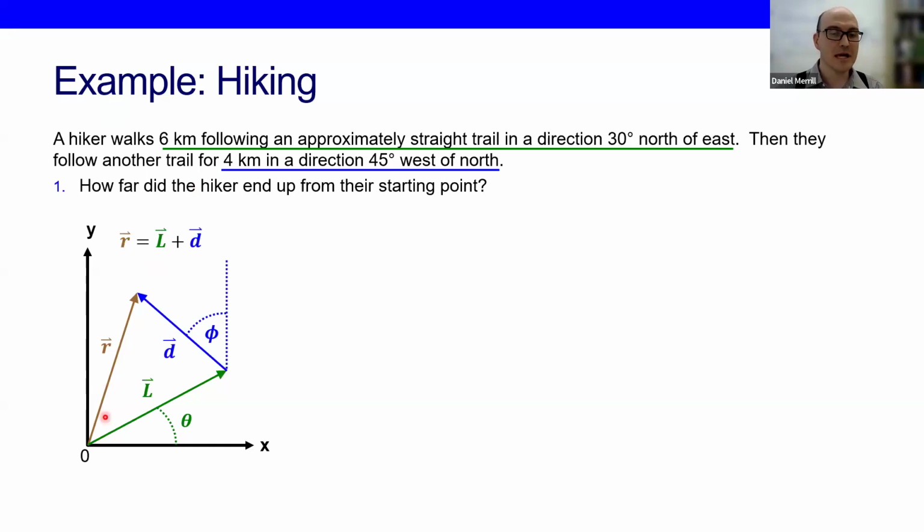I've got to work out the components of my vectors, add up the components or subtract the components as appropriate to get the components of my result, and then put them back together to get how far I've gone, the magnitude of this displacement.